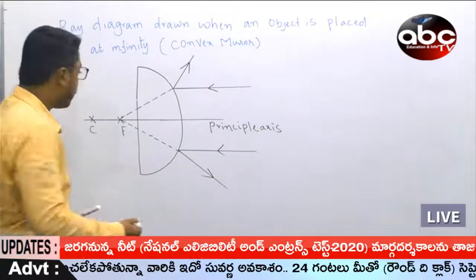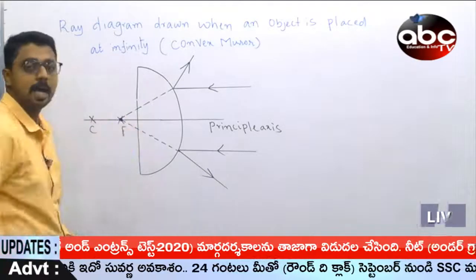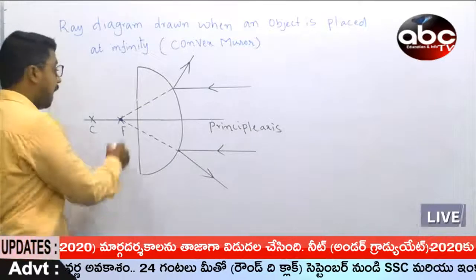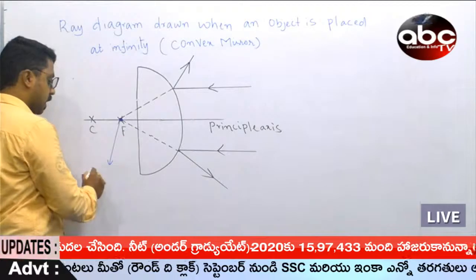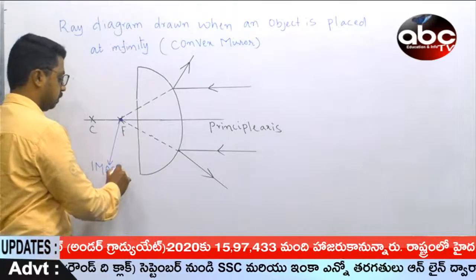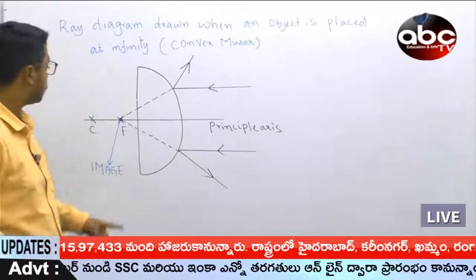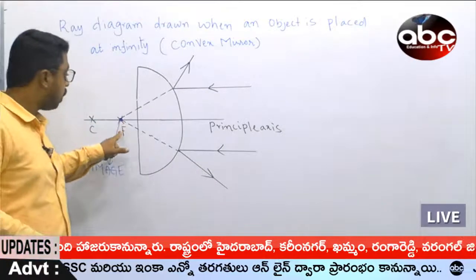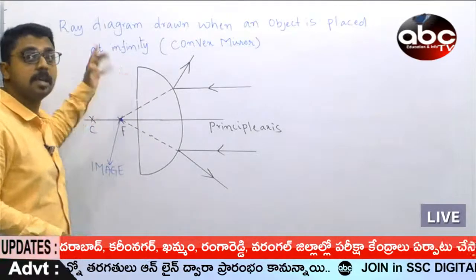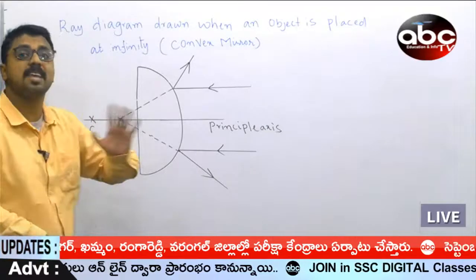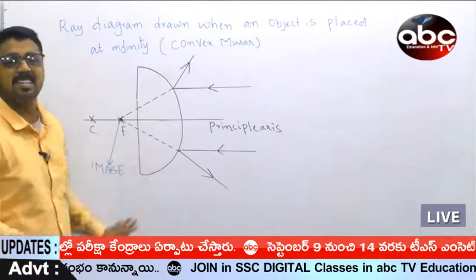We are able to get the intersection exactly at the focus, and here you are able to get an image. My dear friends, take note: it is formed at the focus point itself, not exactly above the principal axis, nor exactly below the principal axis. It is slightly raised from the principal axis, at the focus itself.